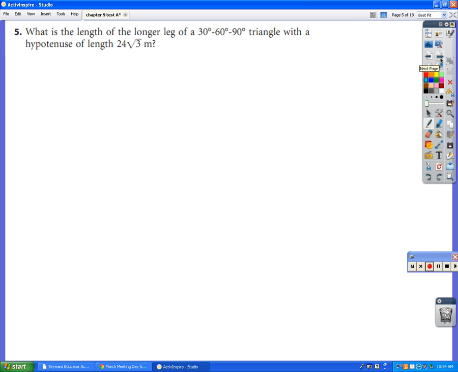Okay, number 5, what is the length of the longer leg of a 30, 60, 90 triangle with a hypotenuse of length 24 root 3? So, if you know the hypotenuse is 24 root 3, we always want to get to the short leg, that's the easy one. Divide by 2, so that's 12 root 3.